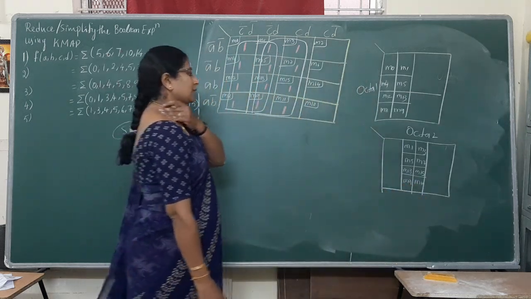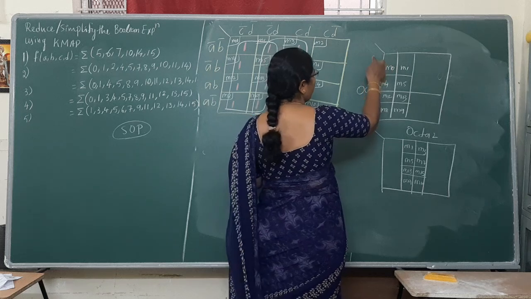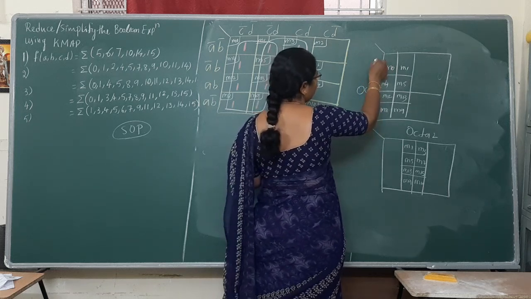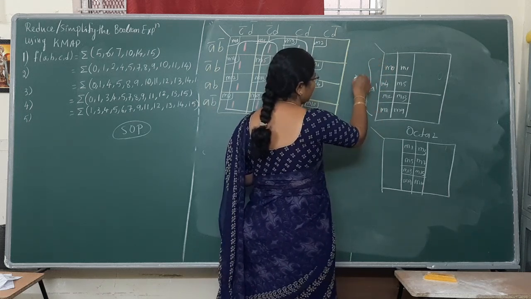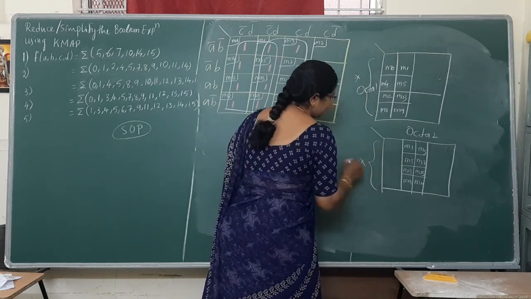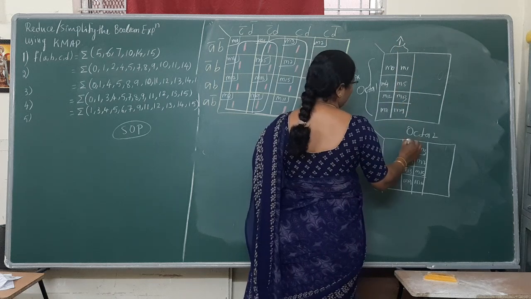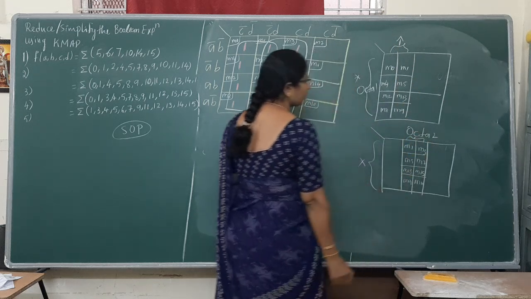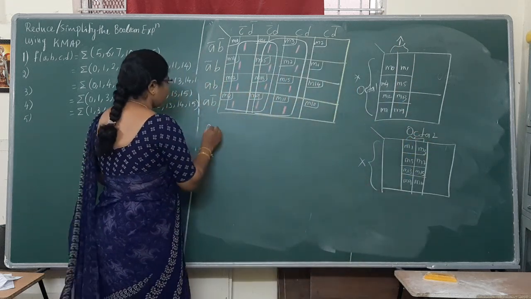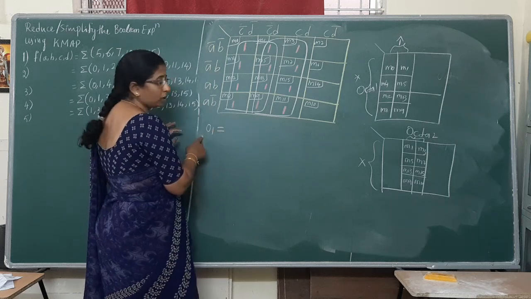As I told in the last video, last problem, when we have vertical, all row labels get cancelled. Among these two, what is a common variable? And among these two, what is a common variable? Octa 1, that is O1.